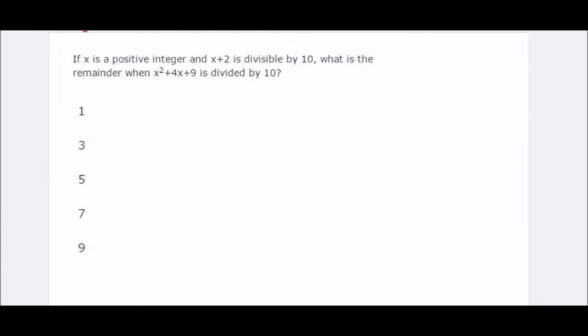So here is our next question. If x is a positive integer and x plus 2 is divisible by 10, then what is the remainder when x square plus 4x plus 9 is divided by 10? So see here, x plus 2 is divisible by 10. So let's consider x plus 2 is equal to 10. If it is divisible by 10, then we can consider that x plus 2 is 10. So x becomes 8.